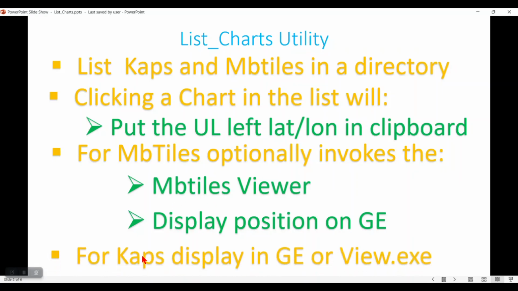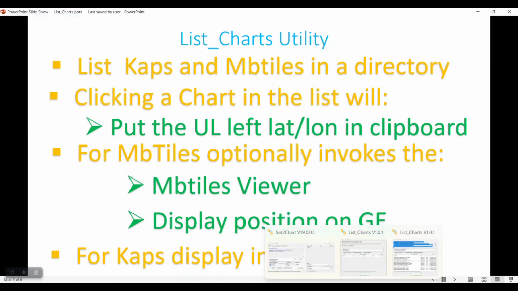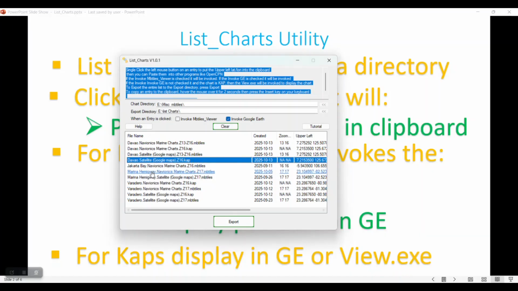Now let's look at the ones for caps. For a cap chart, it'll display it on Google Earth, or the view exec will show it. So let's try it on Google Earth. We'll go back to our, where are they? Over here. Okay, we're going to pick this here, we're going to pick the Devao Navionics Marine chart.